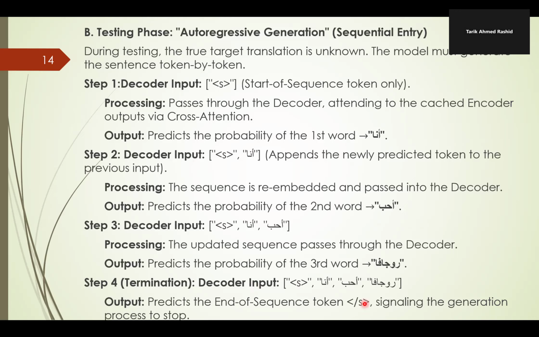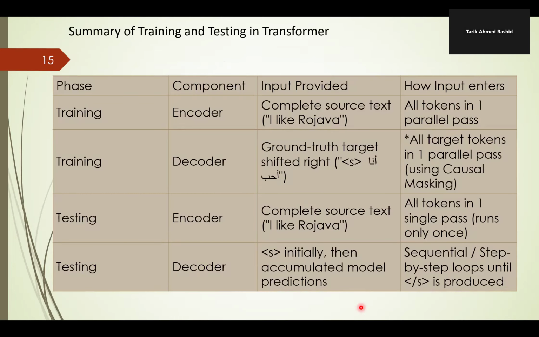Then the sentence is all over, and we should get the predicted end token, which is /S. So this is more or less the summary of training and testing for the example that we had: I like Rojava. For the training encoder, the complete source text, I like Rojava, goes in parallel, all tokens in one parallel pass.